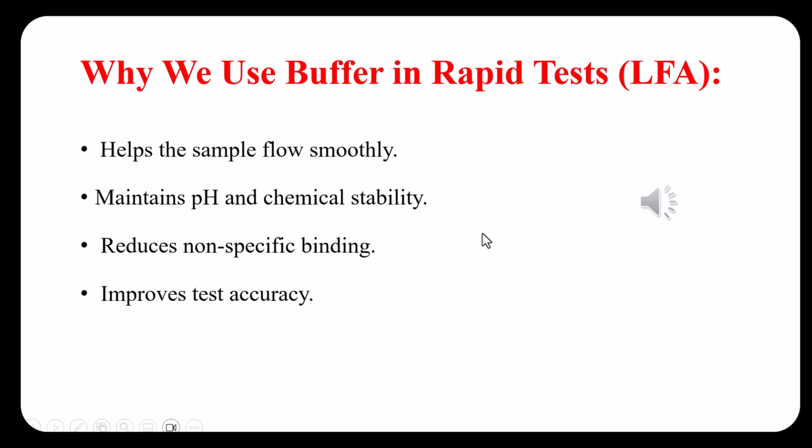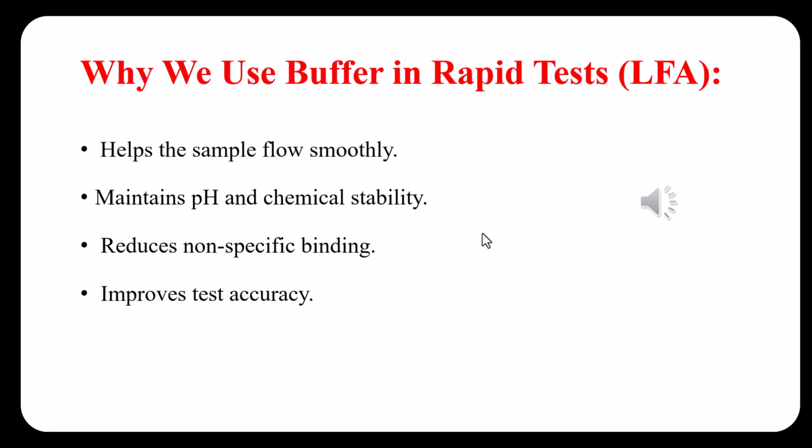In the rapid test, there is a place where you add the buffer. What is the use of the buffer in our test? The buffer helps the sample flow smoothly, maintains pH and chemical stability so the pH and the chemistry do not change, and also reduces non-specific binding.